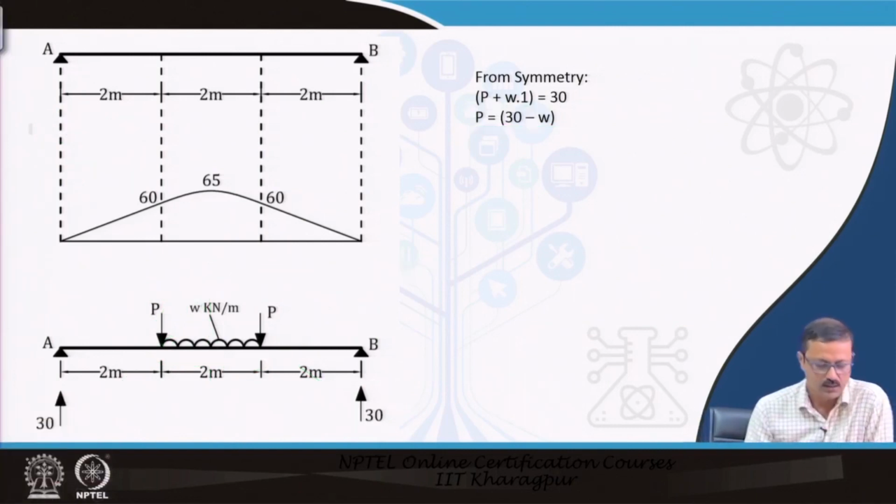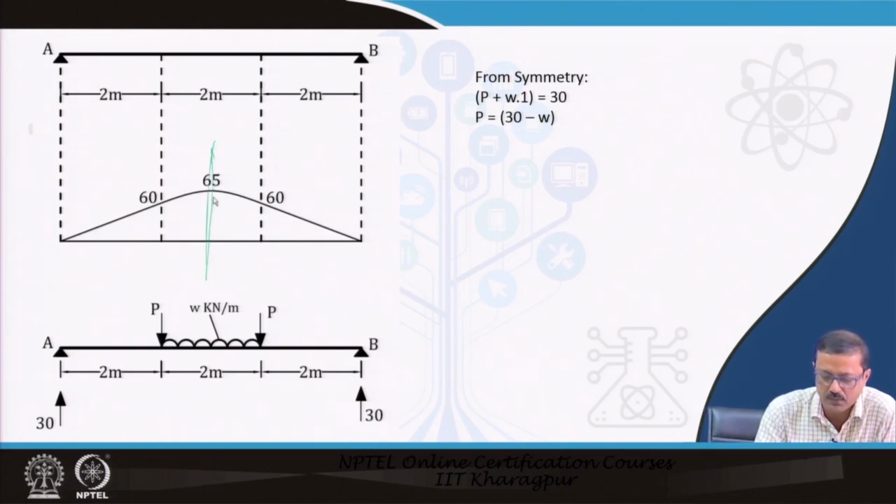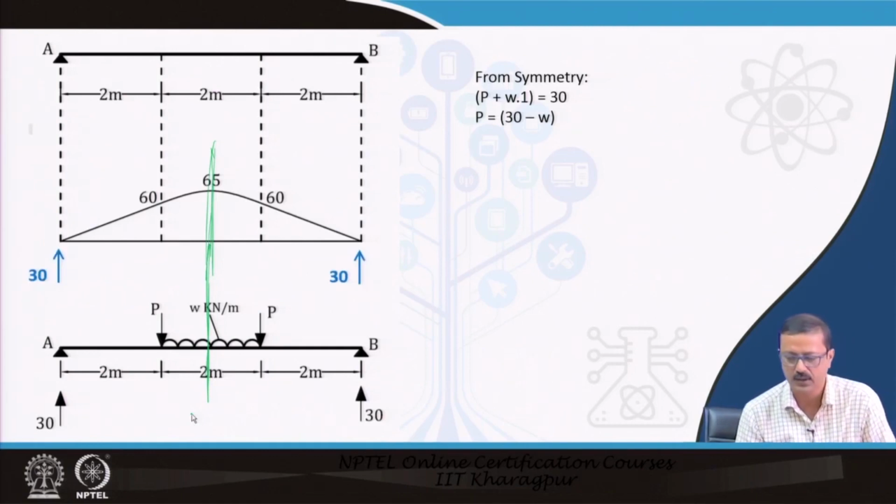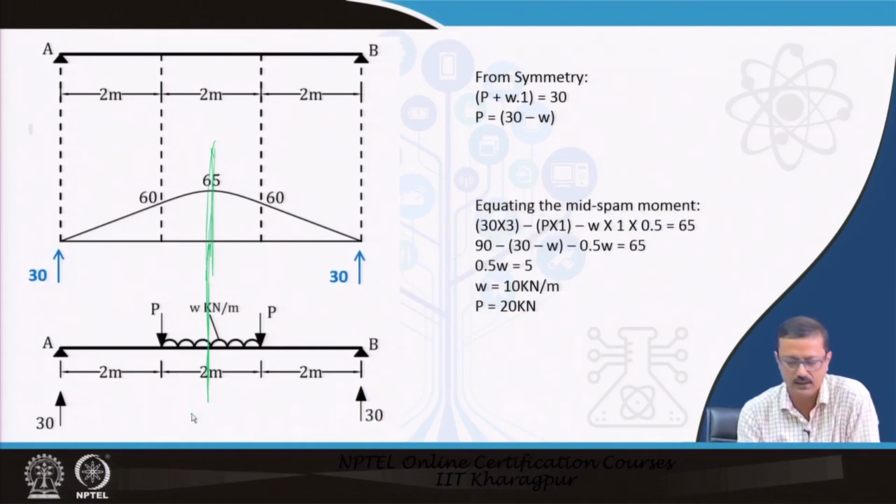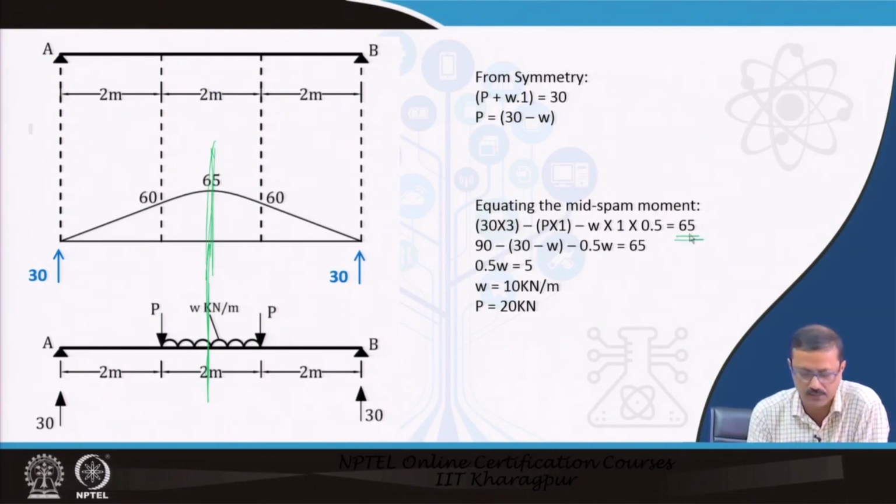Now, further I have to equate the mid-span moment. How much is the mid-span moment? That is 65. So, equating the mid-span moment with 65, it is 30 into 3 minus P into 1 minus W into 1 into 0.5.